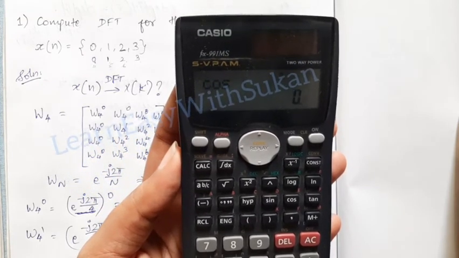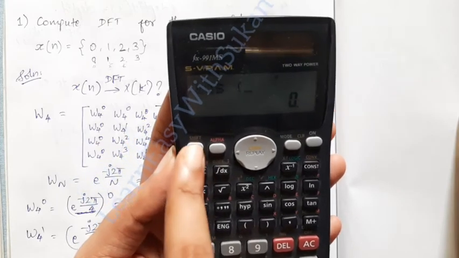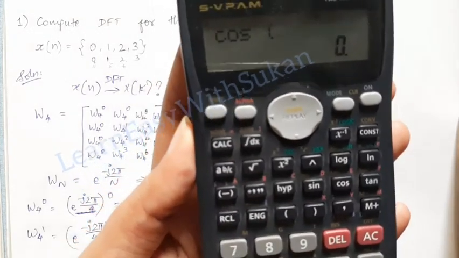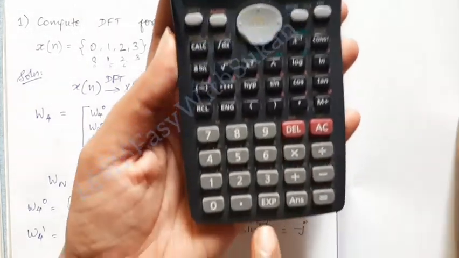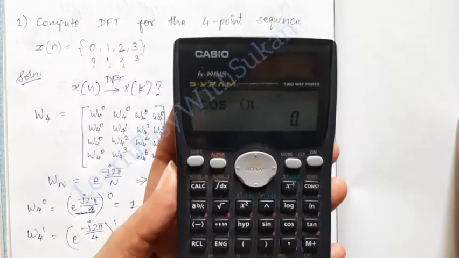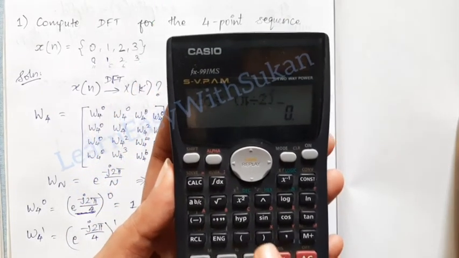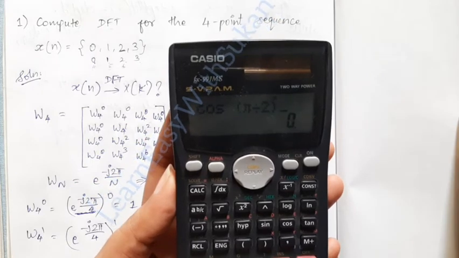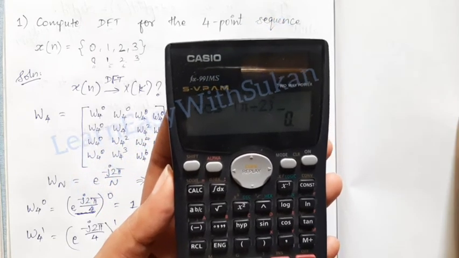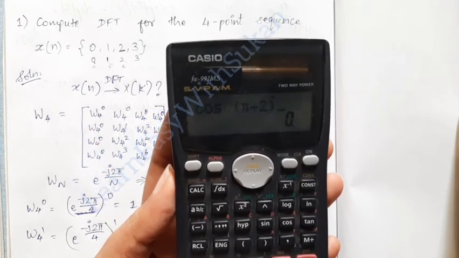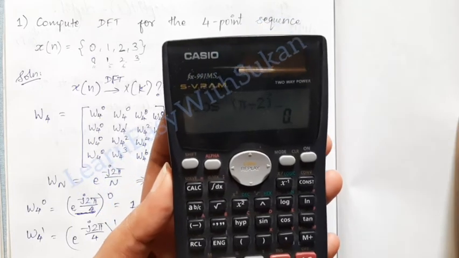So you may get the wrong answer. Always use this parenthesis. Pi is given by shift exponential, pi by 2. Now only it will treat it as cos of the whole pi by 2. Else it will take it as cos pi the whole divided by 2. So we will not get the correct answer.